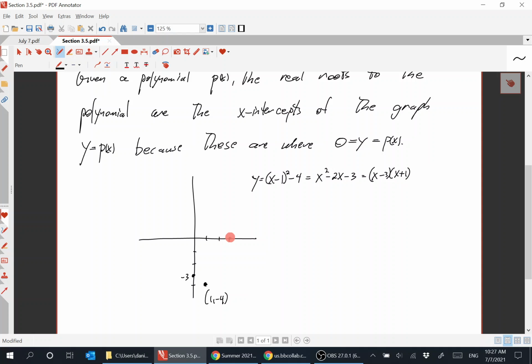So whose x-intercepts are at 3 and negative 1.